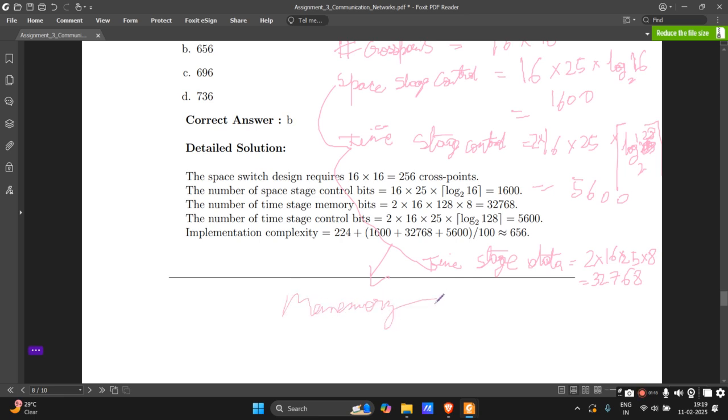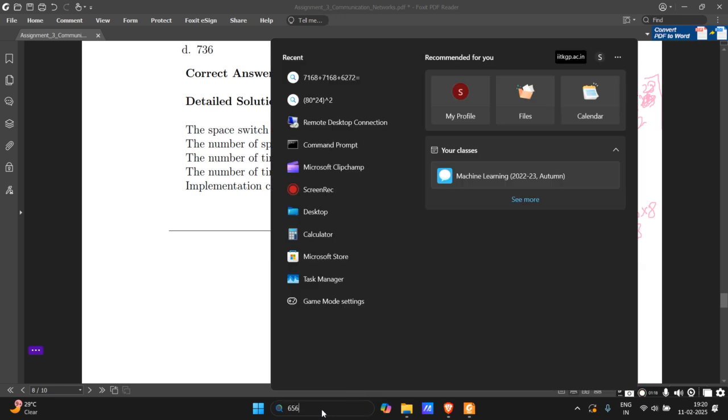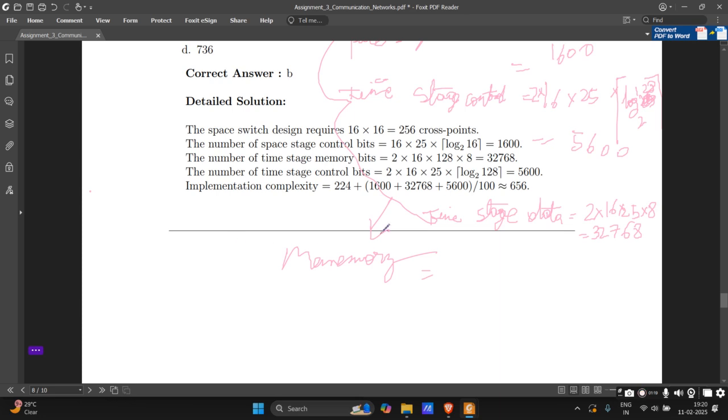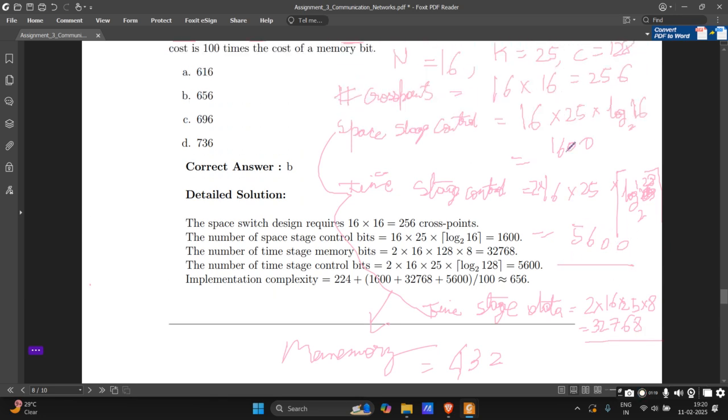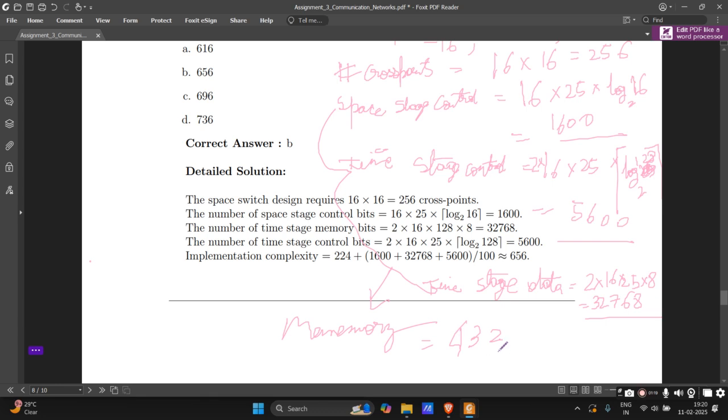So memory will be 43200, if you add 32,768, 5,600 and 1,600. You get, no, not here. I think the answer is slightly wrong here.